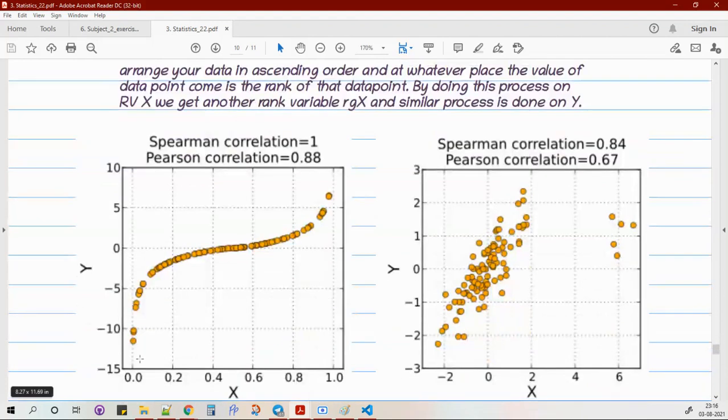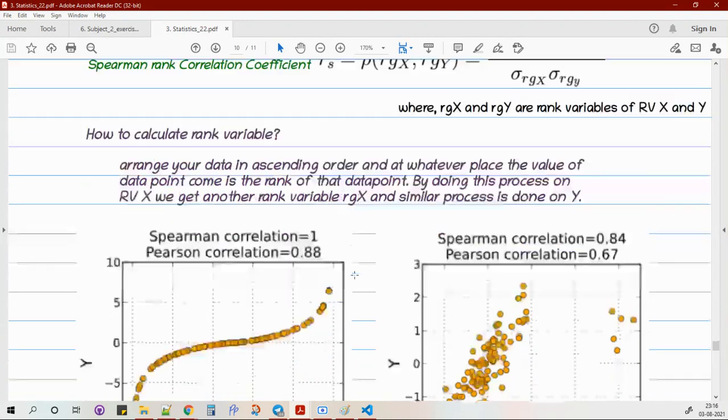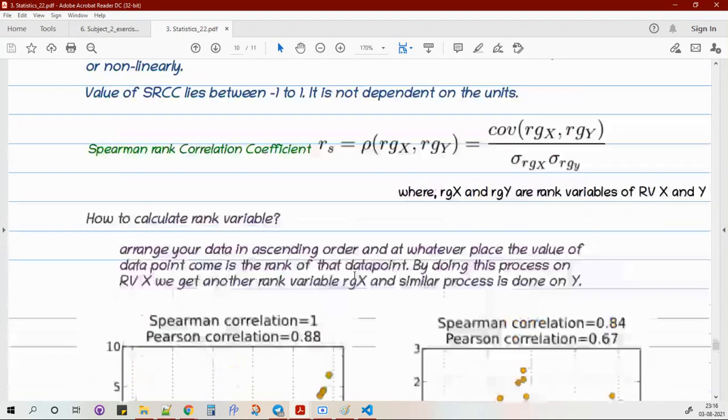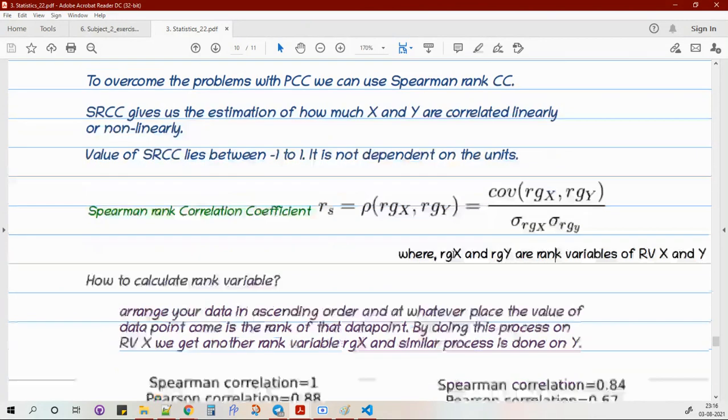So given the data, just give the rank, and between these two rank data, calculate the Pearson correlation coefficient. Yes, the formula is the same between Pearson and Spearman. In Pearson we are using the actual values, and in Spearman we are ranking them and using the ranks, right? Yes, exactly.